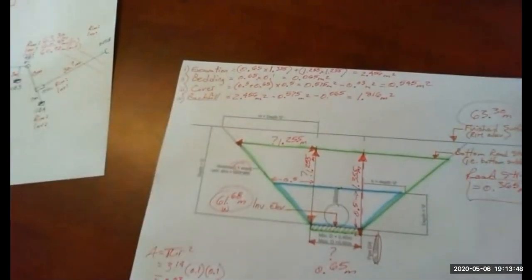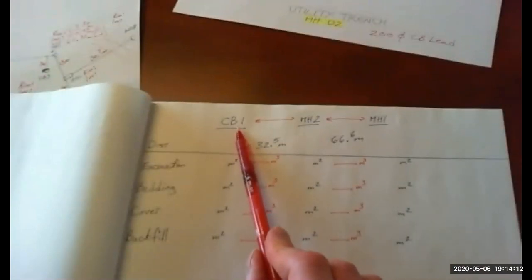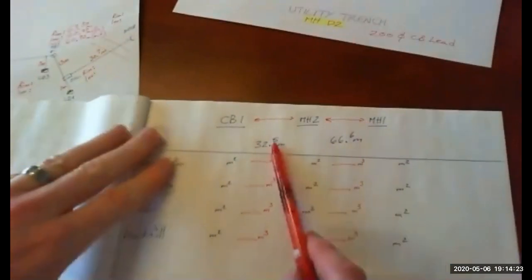Okay, so let's go to a summary page here where we can calculate volumes. For the sake of time, we're only going to calculate volumes of the catch basin lead from CB1 to manhole 2. We're not going to do the calculations for manhole 2 to manhole 1. We're quickly running out of time here for today's class. So I'll put some numbers in here.